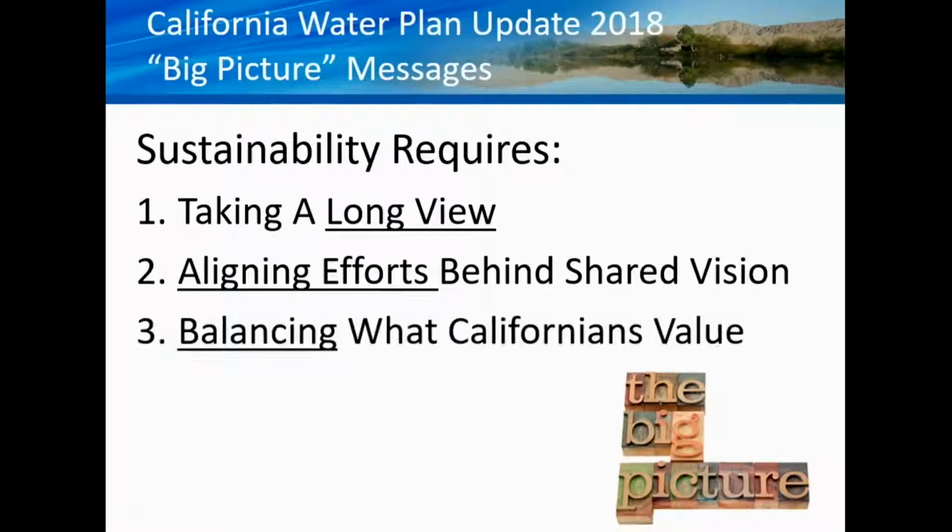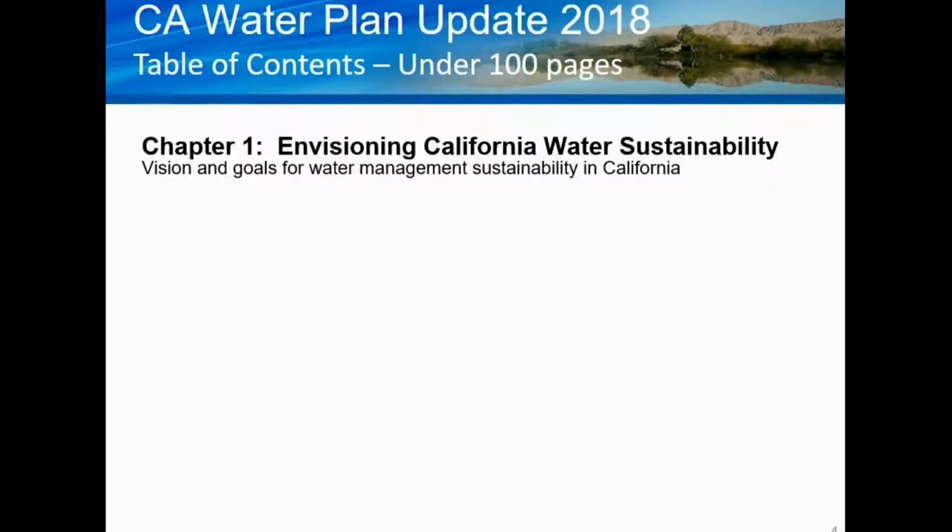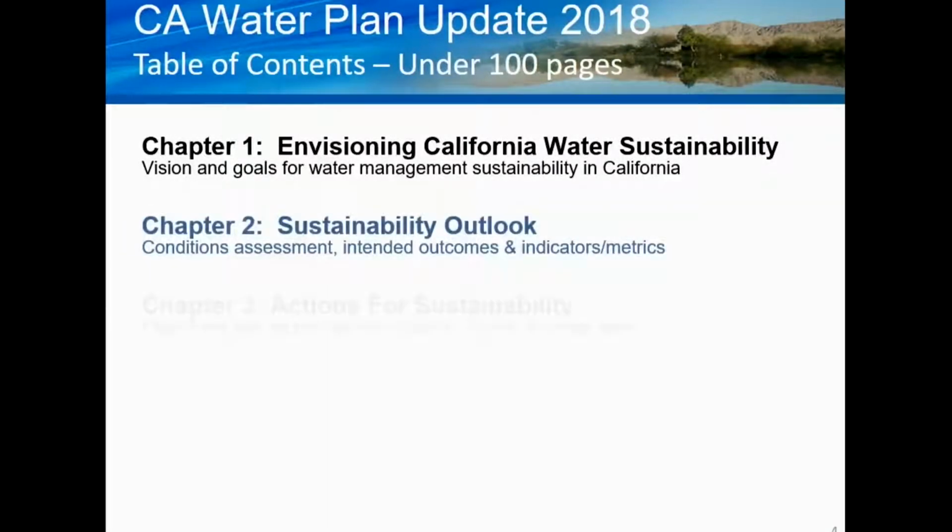We have to balance what California values, and we've actually set up a definition of what those values might be and how to categorize those values as well. And then we need a long-term commitment to that. We need time to do this, and we need commitment to heading in that right direction. And hopefully what you'll see is that we've gotten some framework around that in this update.